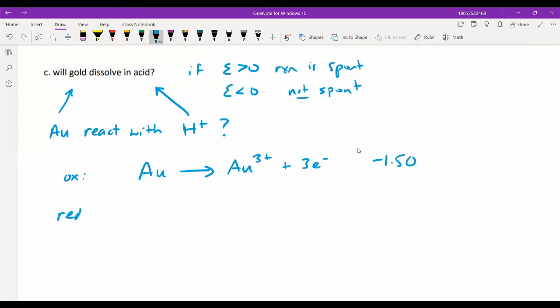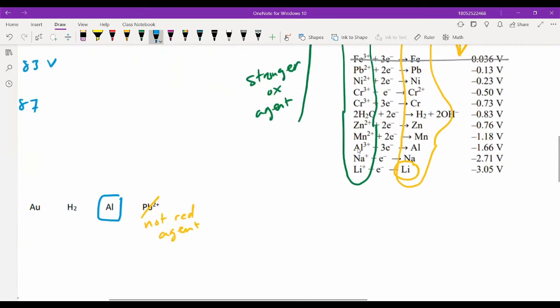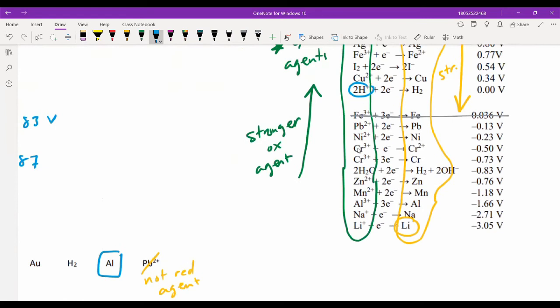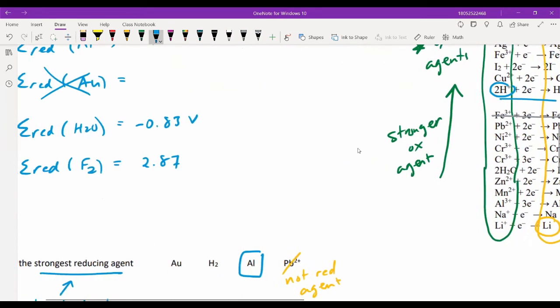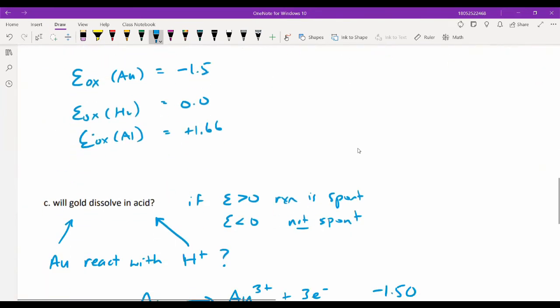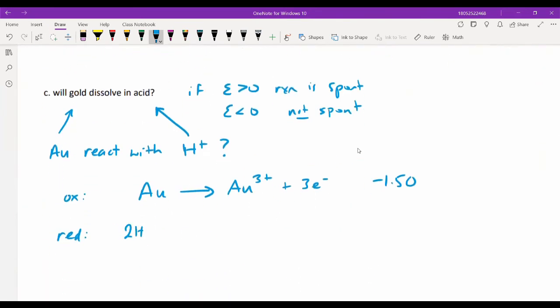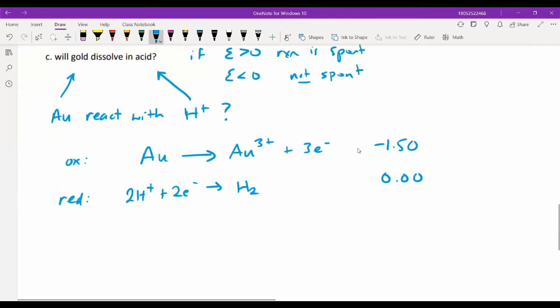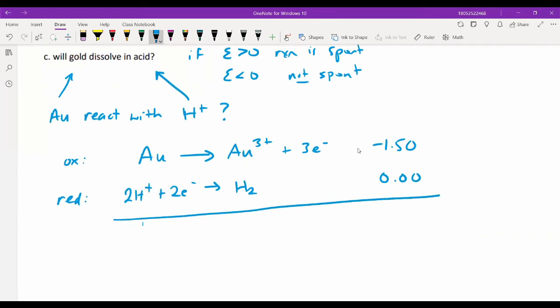And then our reduction is going to be H+. So if we look at H+, 2H+ plus 2 electrons goes to H2. That's a potential of 0. That one's nice to remember because it's easy. And whenever you have the acid, it's just going to be that one, which is always 0.